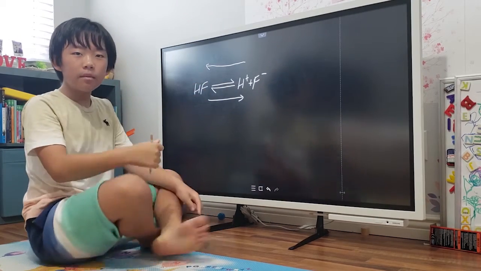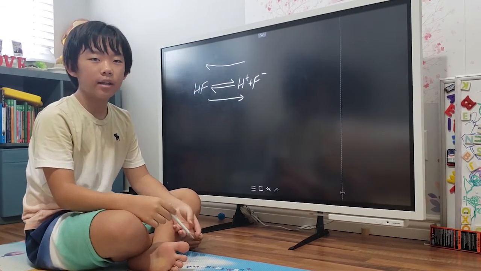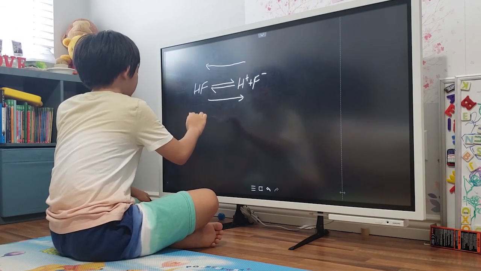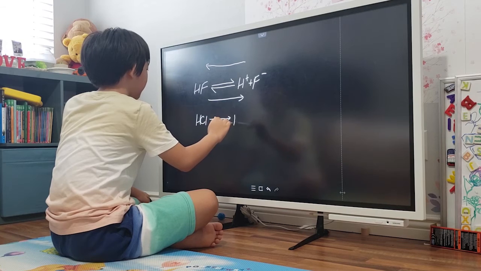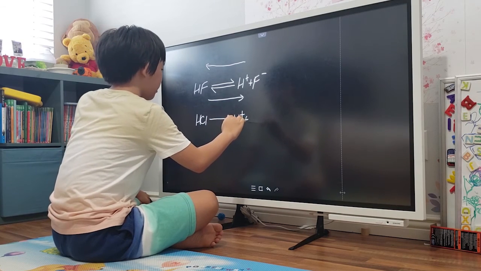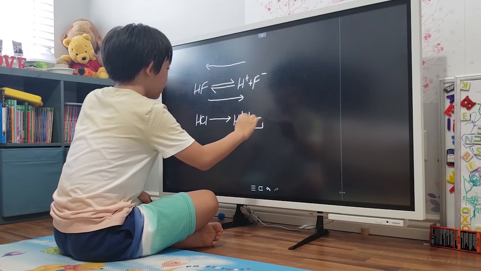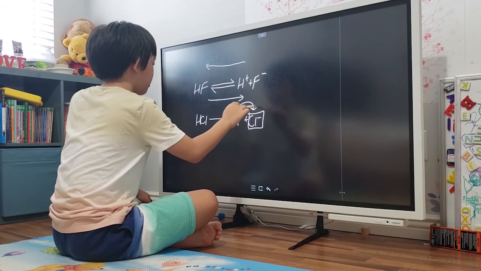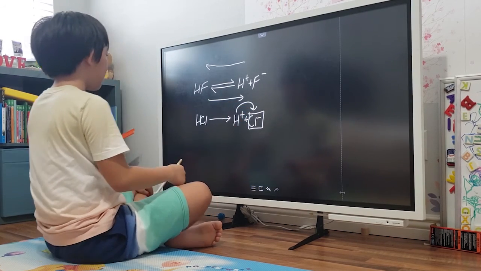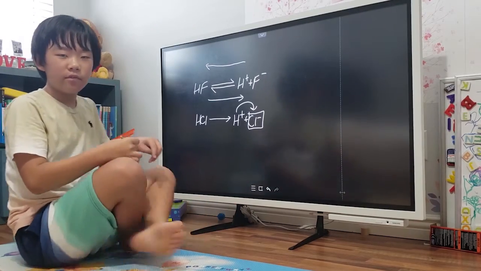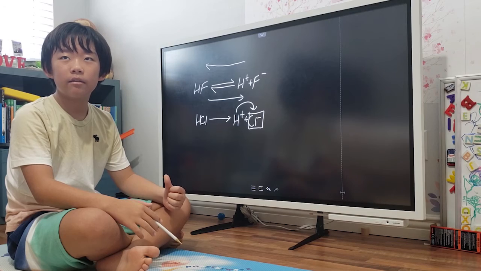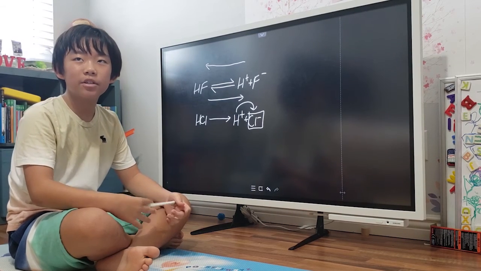But there are some reactions that are not equilibrium. For example, the strong acid hydrogen chloride is not going back. Its conjugate base is too weak to actually grab a proton. But also, there are always factors that affect equilibrium. We're going to talk about that in a later video.